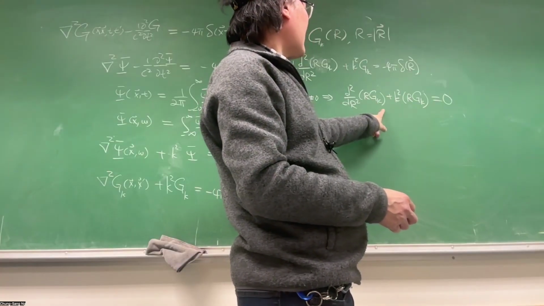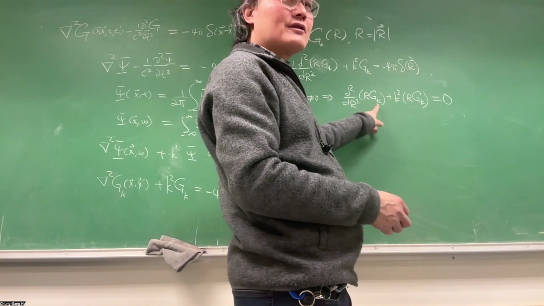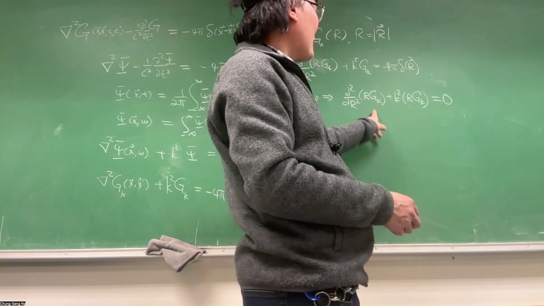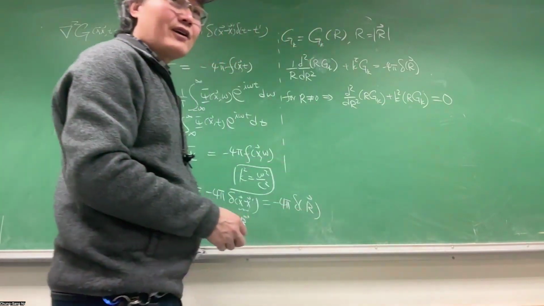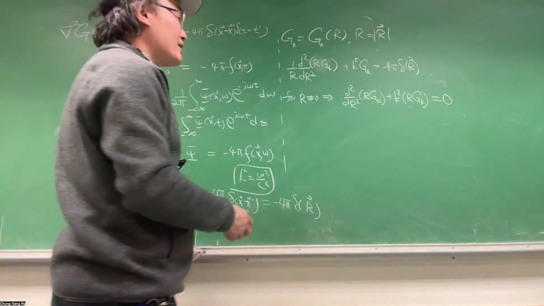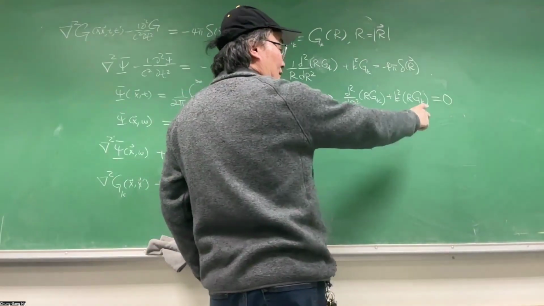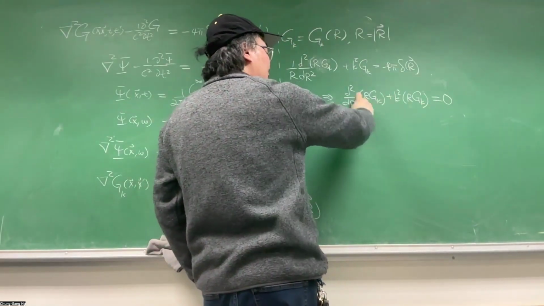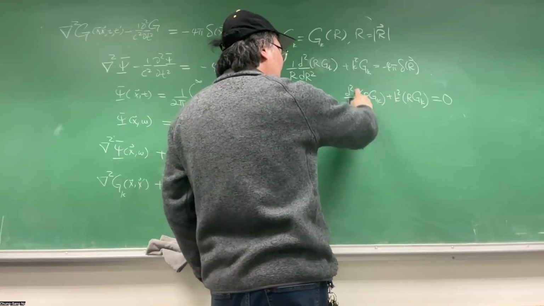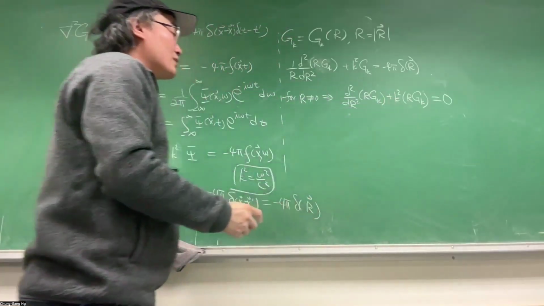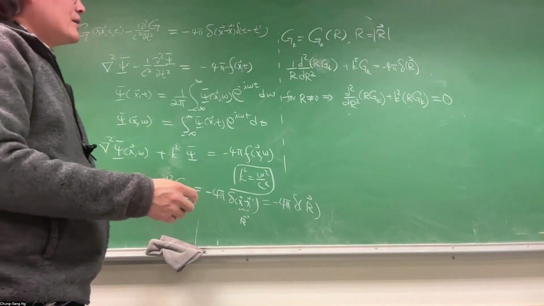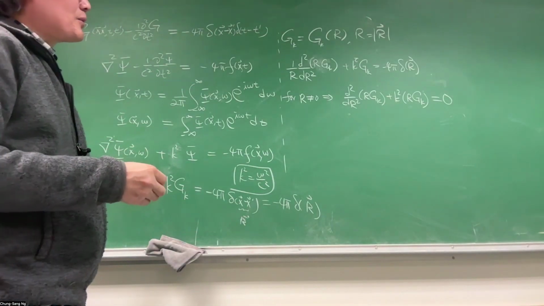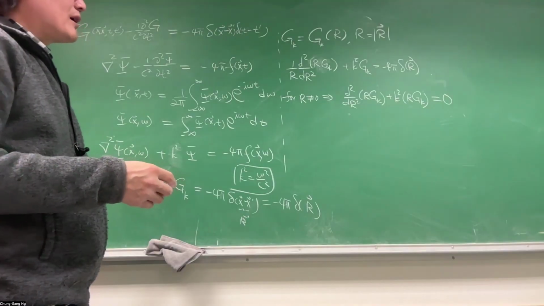Now this bracket is like a function. What is this? A simple harmonic oscillator, right? Everyone can see that. So this equation is a simple harmonic oscillator for the function included in this bracket, R times G sub k. We can use sine or cosine or exponential functions with i times the argument.